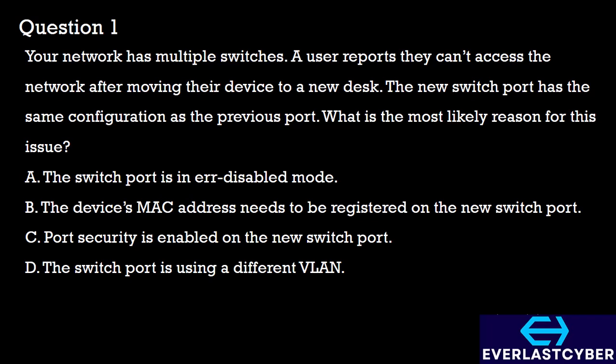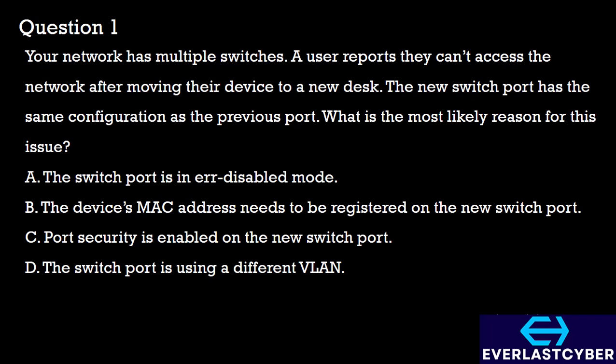In option B, in most network setups, the MAC addresses are dynamically learned and they don't need to be manually registered on new ports. For option C, while this could cause issues, if the port security was causing a problem, you would likely see the switch port go into err-disabled mode, but this was not mentioned in the scenario here.